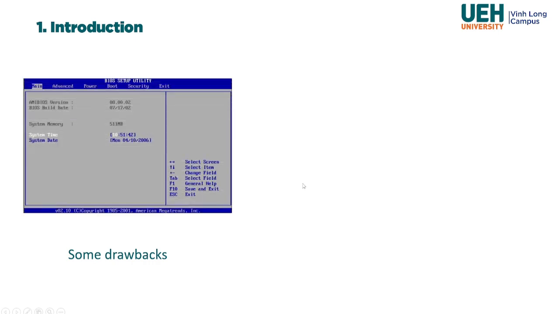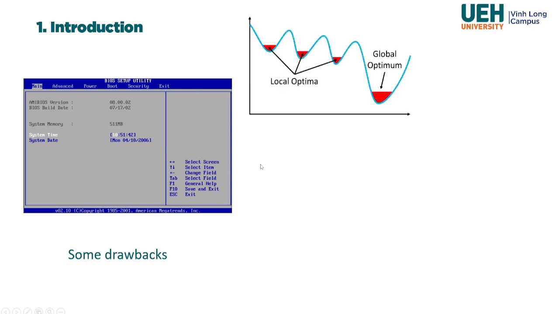The first one, if the server, I mean the machine doing the machine learning, has a configuration that is not very good, it's going to be a bottleneck of the whole system. And with a single model, sometimes it falls into local optima.